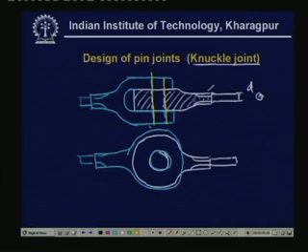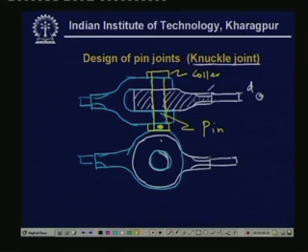This is a pin, where this part is known as the collar of the pin. So this is the pin, and this is the collar of this pin.